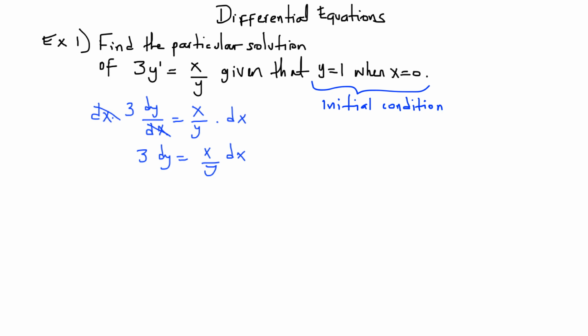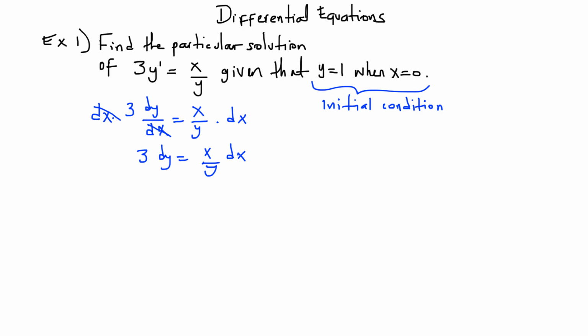Now you separate the variables. All the y's go to the dy side and all the x's go to the dx side. I can see that my x is already in the right location because there's dx next to it, but the y needs to be moved over to the left side. And to do that, we'll multiply by y because it's dividing.